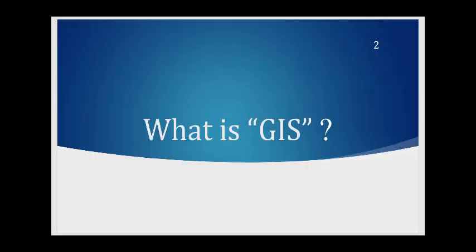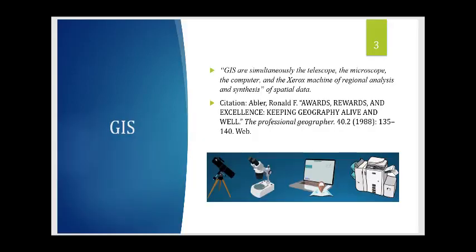Let's begin by answering the question, what is GIS? Ron Start said GIS are simultaneously the telescope, the microscope, the computer, and the Xerox machine of regional analysis and synthesis of spatial data.